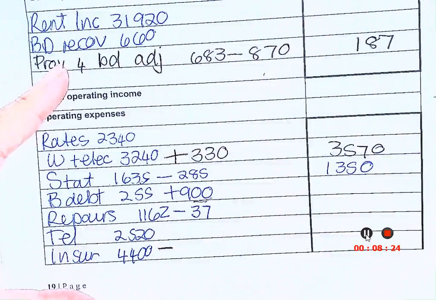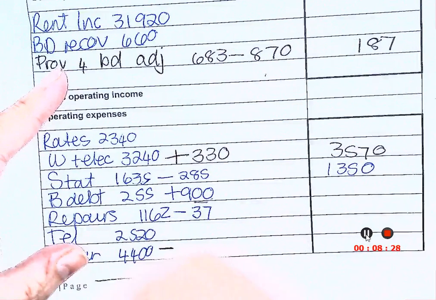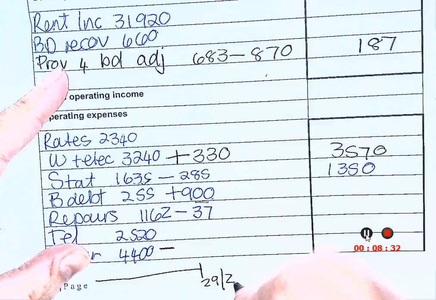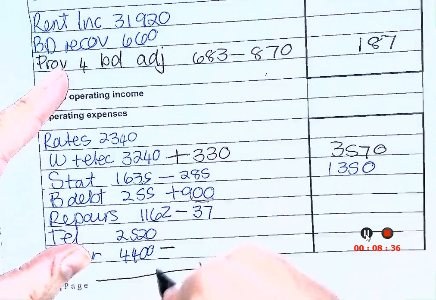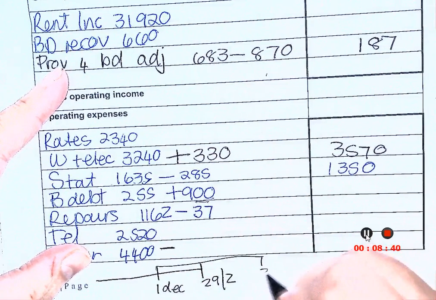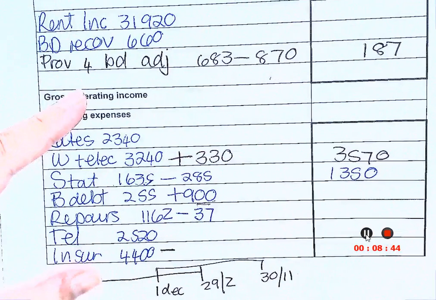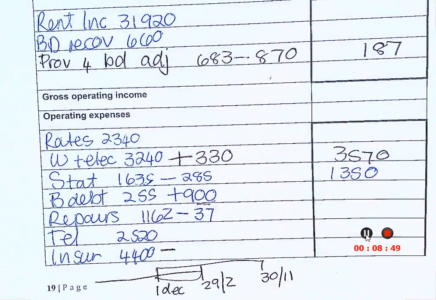Next one, insurance includes an annual premium, and you can see it's in advance. So insurance is going to be a minus. So what do they say? My financial year ends 28 February, right? So they say this premium is 1st December till next year 30 November. So if I look in this year, how long did I have it? December, January, February, 3 months.